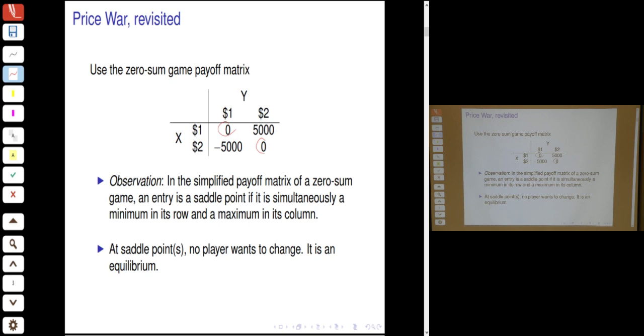So here we have enumerated the payoff corresponding to every possible strategy profile by just the payoff for the first player, the payoff for X. In terms of the payoff written as pairs, you should read this as 5,000 and minus 5,000. So the first player gains $5,000 and the second player loses $5,000. Okay, so this is the expanded version to remind you.